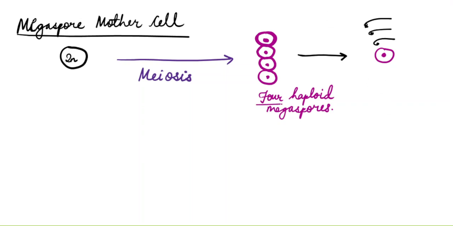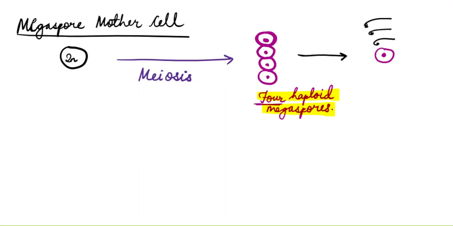Out of these four megaspores, only one megaspore is present. The rest three megaspores are degenerated.